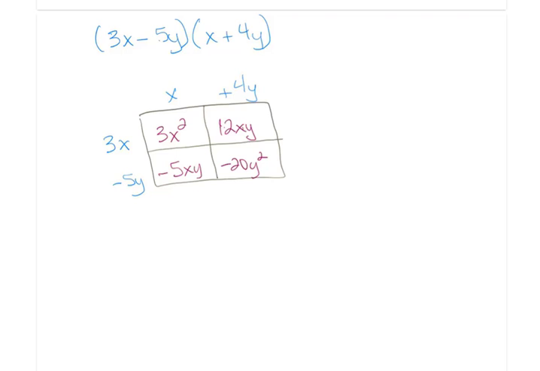So I'm going to go through and combine like terms if I have any like terms. I only got the 1x squared, I only got the 1y squared, but I got some x and y's here. So I'm going to get 3x squared plus 7xy minus 20y squared.